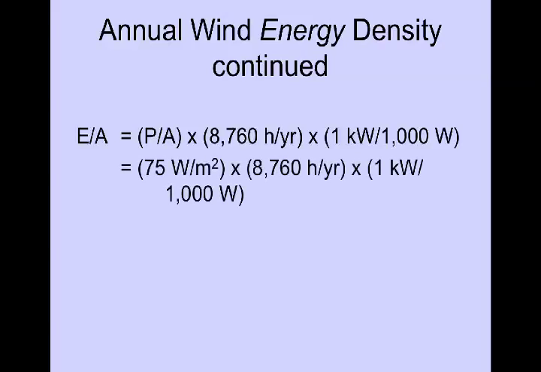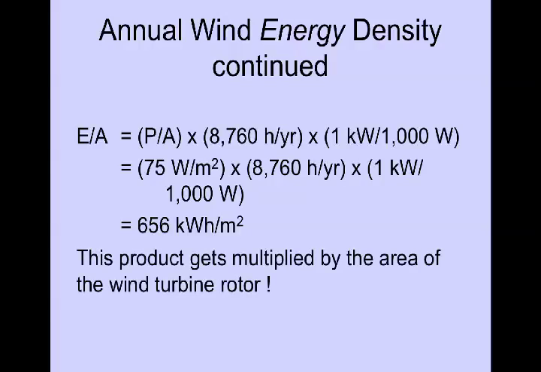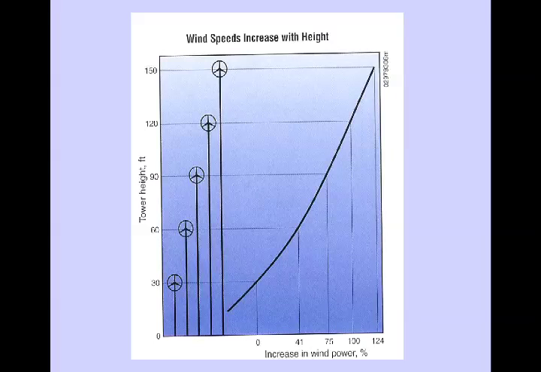So when we multiply all this out, we're going to find out that there are 656 kilowatt hours per square meter of rotor. So all we have to do then is multiply this times the area of the wind turbine rotor to determine what the annual energy density is going to be, as shown here. So there's a good example of how we can do that.